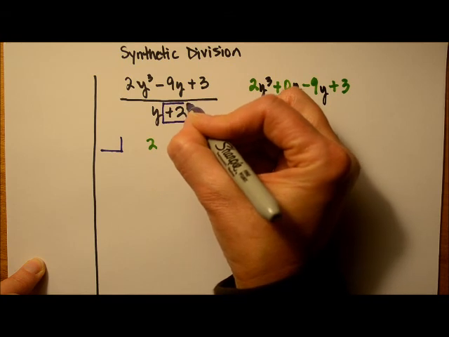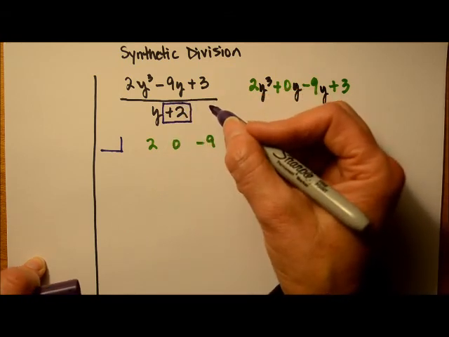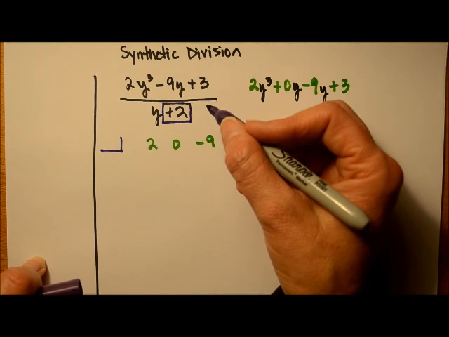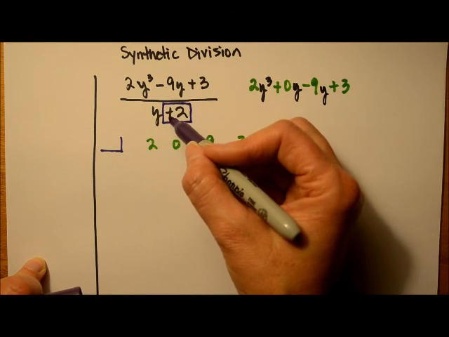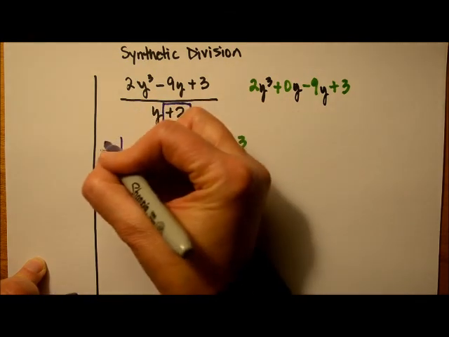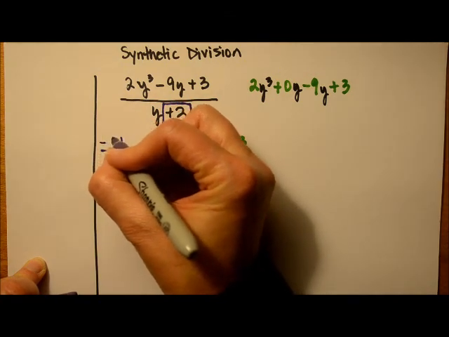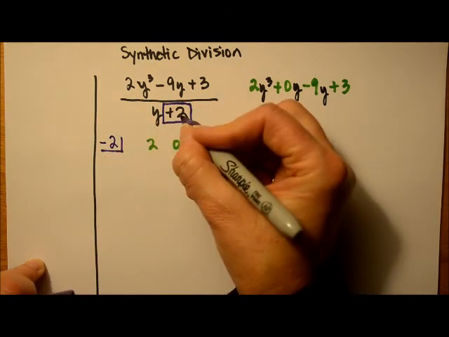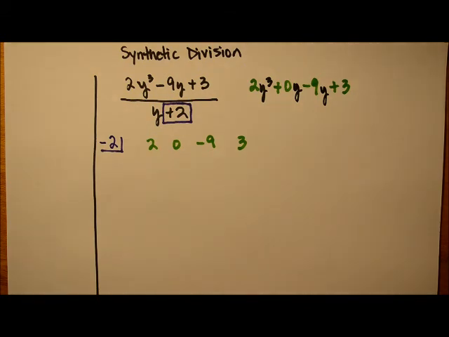Now, it's not going to be a positive 2 because our definition said it's in the form x minus c. So if c is the number I'm looking for, then I'm going to have to go with the opposite of what this is. If I have a plus 2 here, I'm just going to go with a minus 2. So it's the opposite. Don't forget that. That's a big piece of it, otherwise you're going to get it wrong.